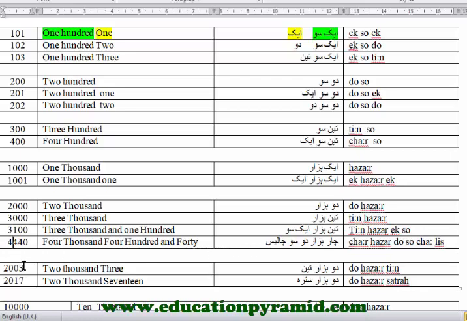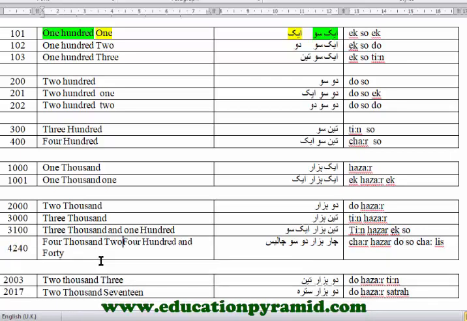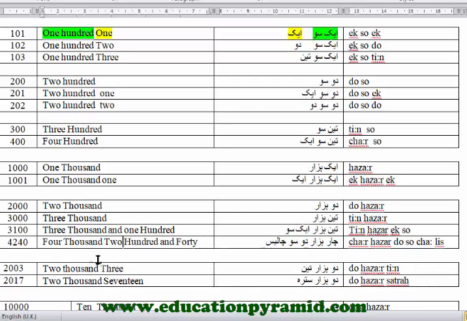Sorry, there's a correction: 4240, 4200. So 4240.